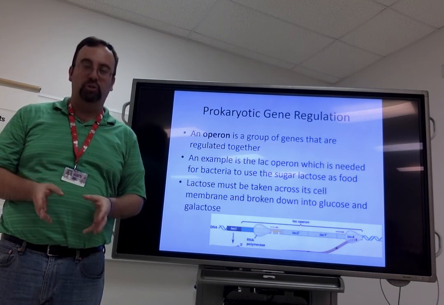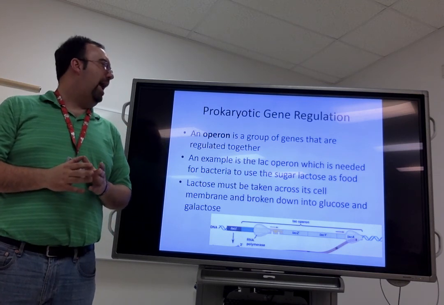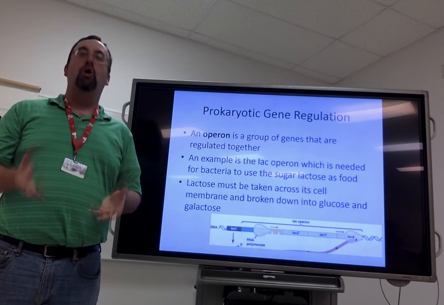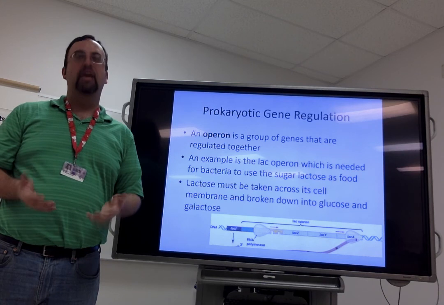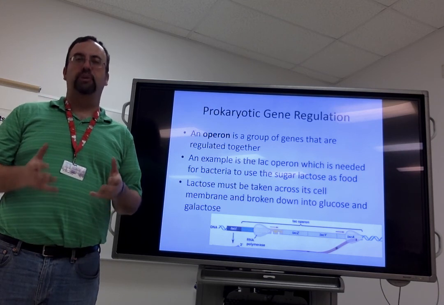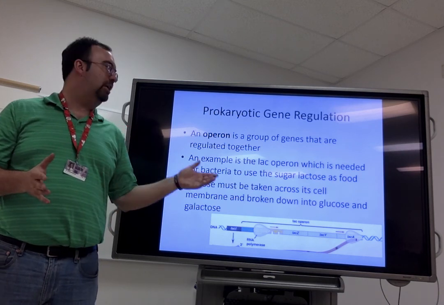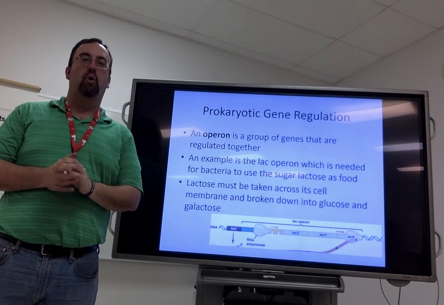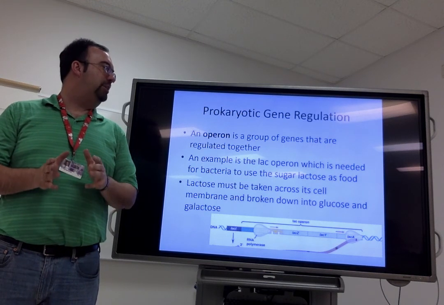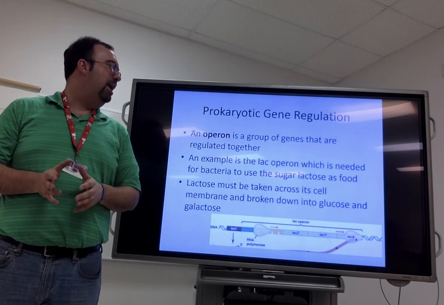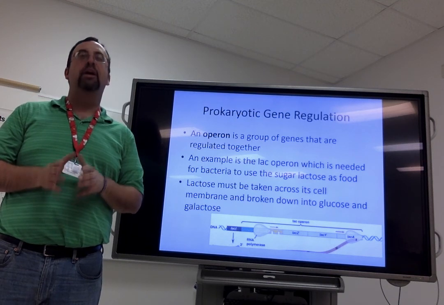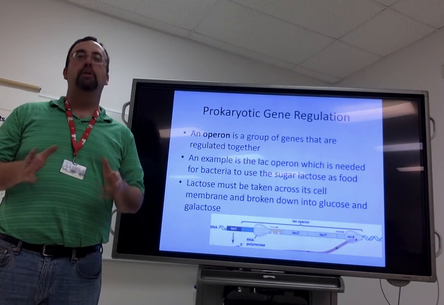So lactose, we need to talk about how bacteria also, just like humans, just like everything, need food, and so it gets it in the form of sugar, which in this case is lactose. In order for the lactose to be taken across the cell membrane, it must first be broken down into its two component sugars.